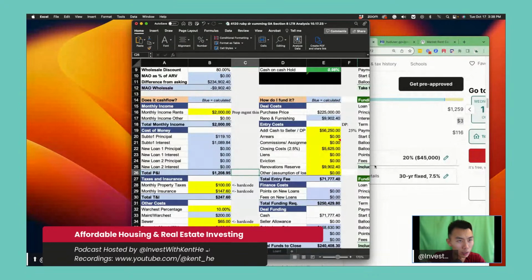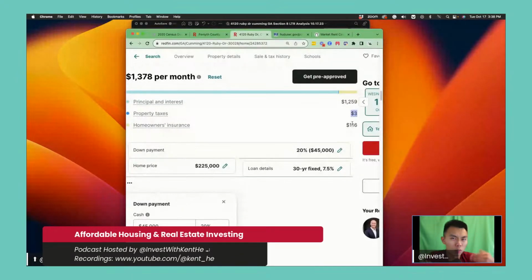I have to do some research on what the prices are, but for insurance, it's at least at 116. I always add a 20% premium to that in order to figure out what my insurance might be for an investment property, because the 116 here is typically assuming you live in the residence as a primary residence.